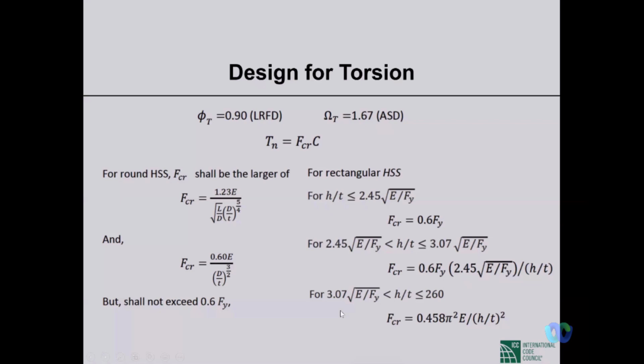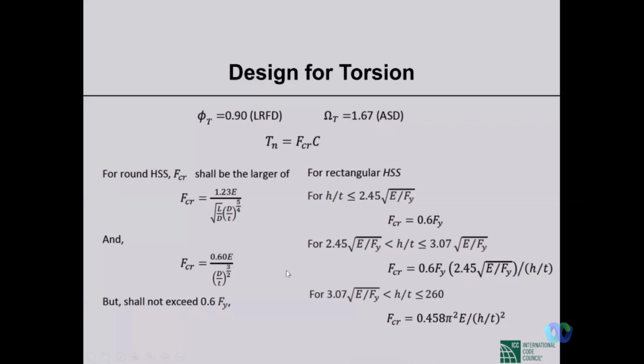Remember, when we expect torsion, we usually use HSS, that is box section, hollow structural sections. And for HSS, there's some formula given. For round HSS and for rectangular HSS, we have different formulas.